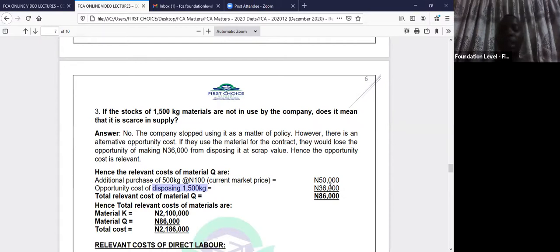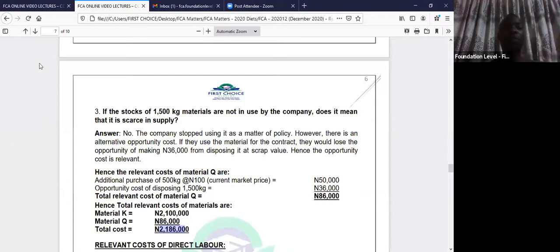When you add them together for material Q alone, your relevant cost is 86,000. So when you bring total material cost, that of K is 2,100,000, that of Q is 86,000. Add them together, you have 2,186,000. That is your relevant cost of material. I believe this is clear.